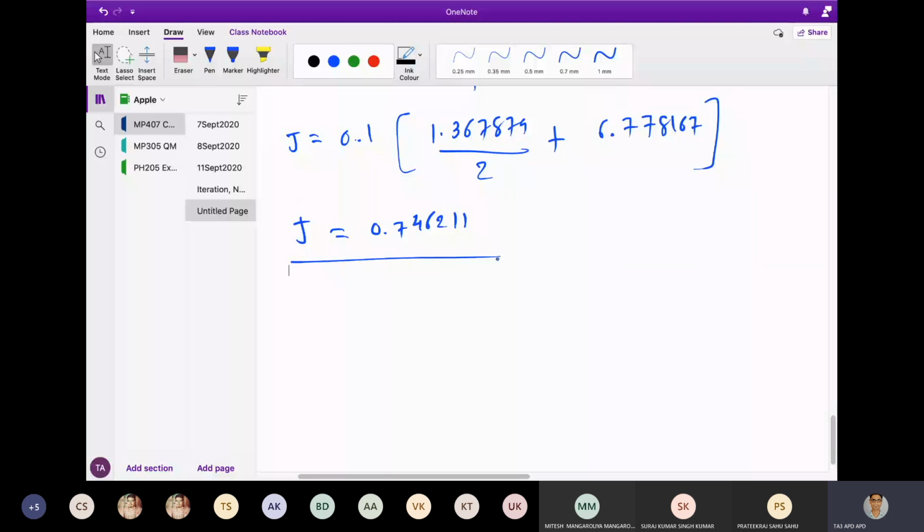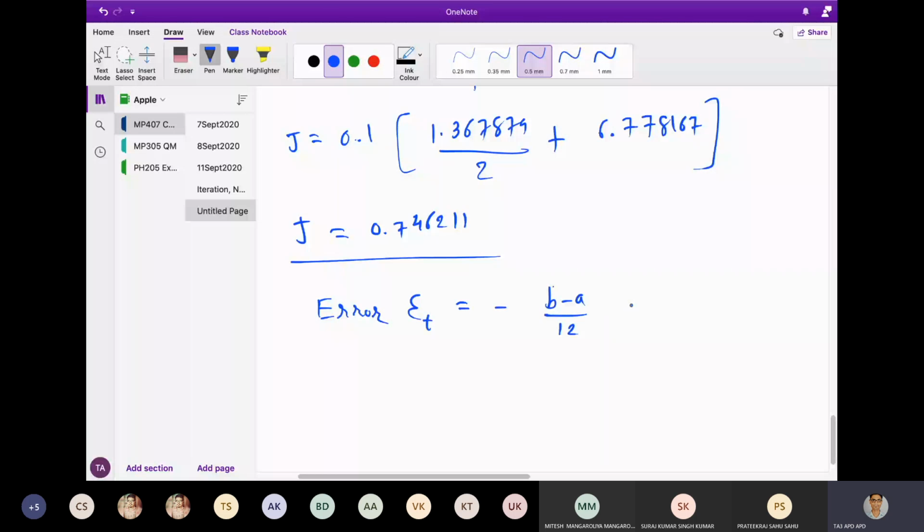And now for the error part, we will see how this error is actually estimated in this particular problem. So generally for this trapezoidal rule, the error is estimated by taking b minus a by 12.